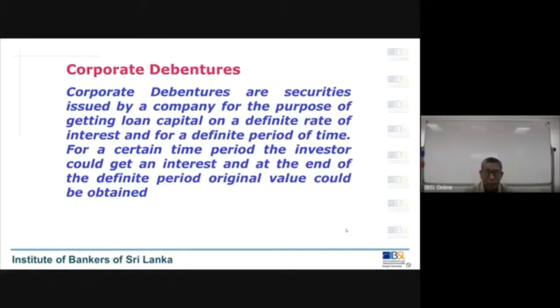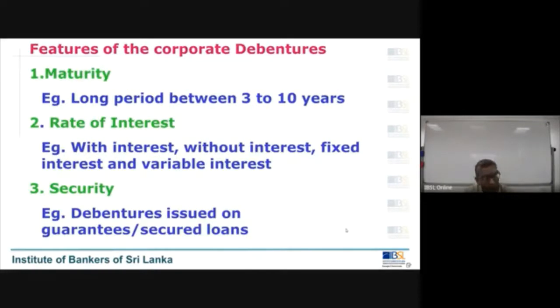The other one is, of course, issuing corporate debentures. Right, there's another way you can collect money. Corporate debentures are securities issued by a company for the purpose of getting loan capital, right? And there are different types of debentures, maybe subordinate debentures. Usually debentures have some specific features.